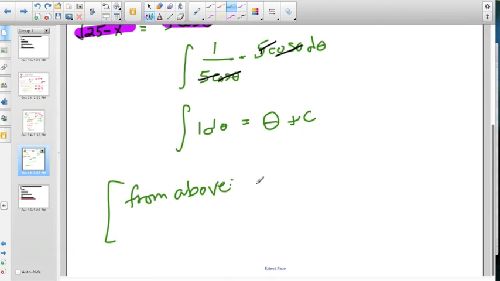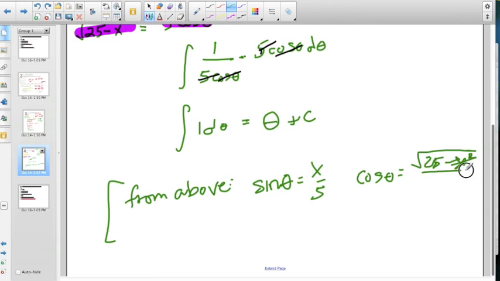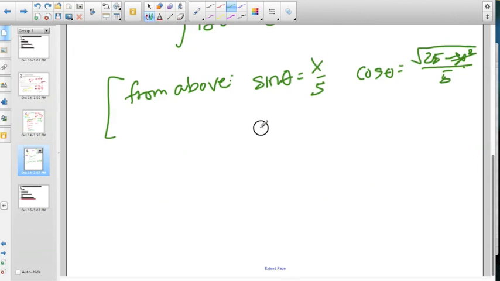So if we have sine of theta equals x over 5, that's a lot more simple than cosine of theta equals the square root of 25 minus x squared over 5. And so the idea is to solve this for theta, we can just take the inverse sine of both sides, and we have the inverse sine of x over 5. That is what we should be plugging in up there.